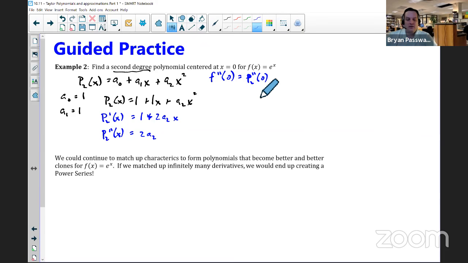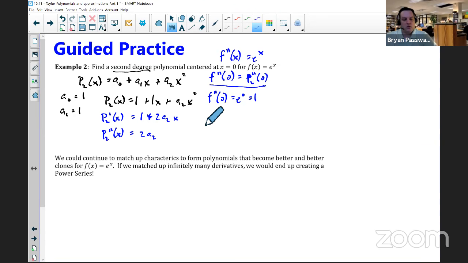And we know that to make our clone, we have to make sure that the second derivatives of what we're trying to clone and what we're creating pair up. And so f double prime, well, luckily, since we're working with e to the x, f double prime is just e to the x, right? It never changes. So f double prime of 0 is just going to be e to the 0, which is still 1.